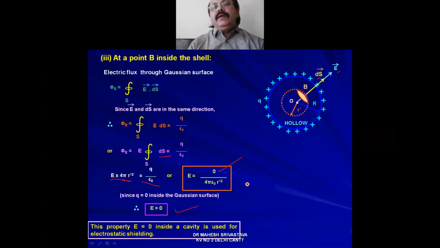But here charge is distributed over the spherical shell, and the electric field intensity at a point due to this charge distribution is also equal to the electric field intensity if placed at the center of plus q charge.